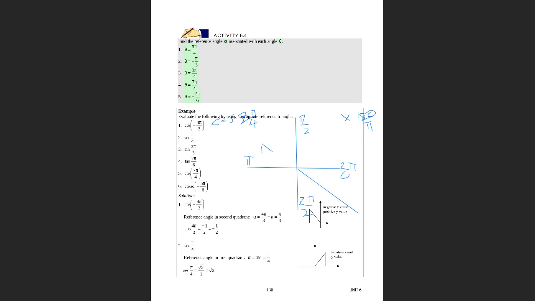Your reference angle is going to be 2 pi minus 7 pi over 4, which will give pi over 4, a special angle. And you know that it is the same as cos pi over 4. So you don't need to change the sign. You simply find cos pi over 4.